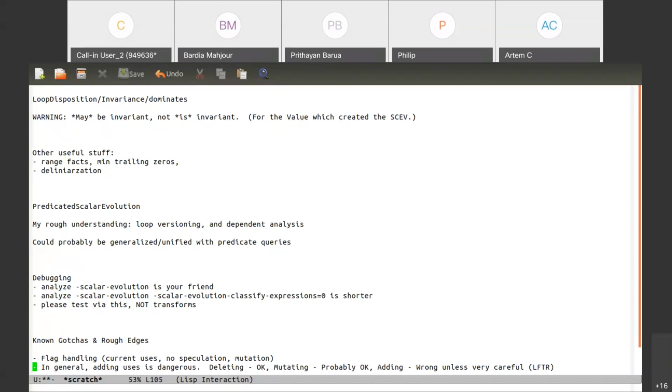So the rewrite to produce the invariant value, or sorry, I said that backwards, the rewrite to produce the invariant value as opposed to the invariant SCEV might be quite complicated, and that's what SCEV expander does for you. Does that make sense? I got it.